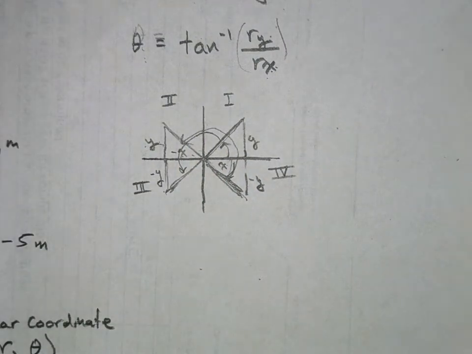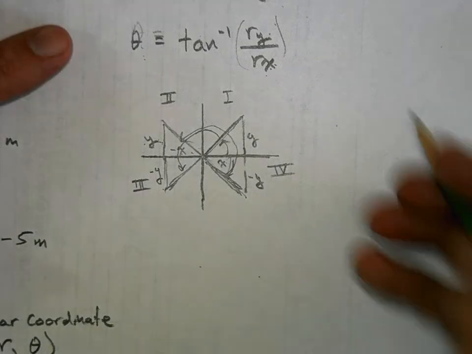Otherwise, it's confusing when you're dealing with a position. It's just a lot easier in the long run to say, hey, all the angles are measured from the positive x-axis. Okay? And then everybody knows what they're talking about.